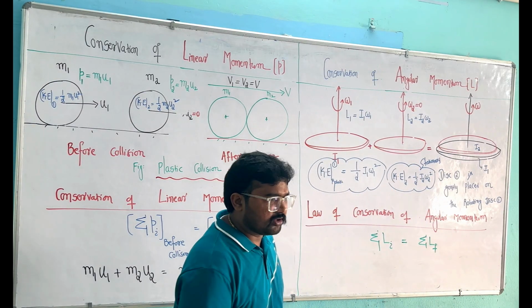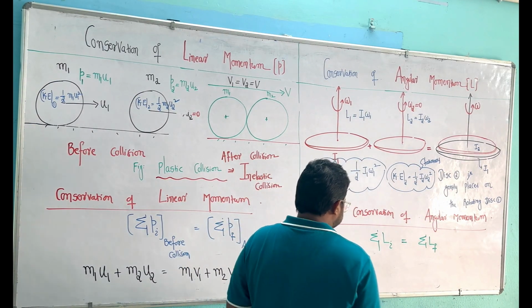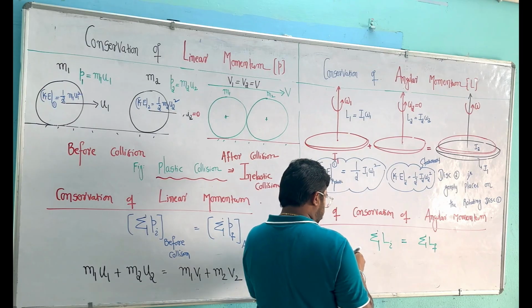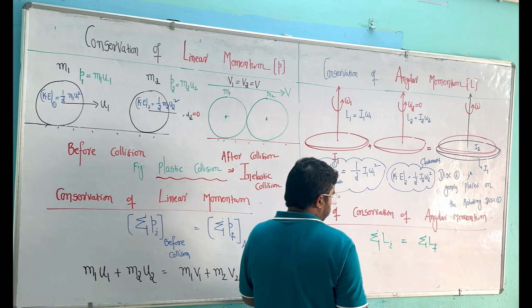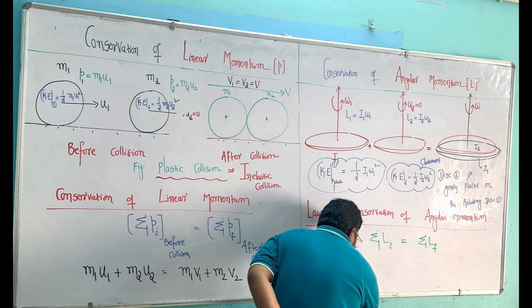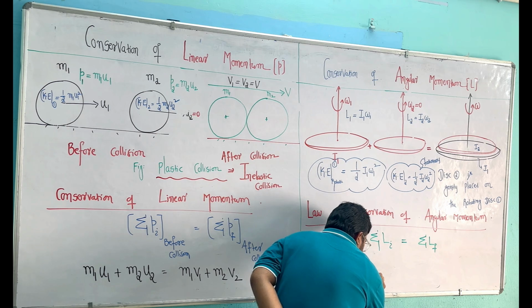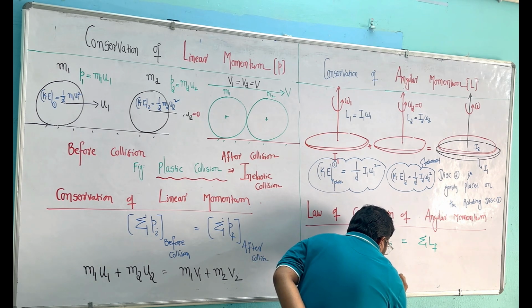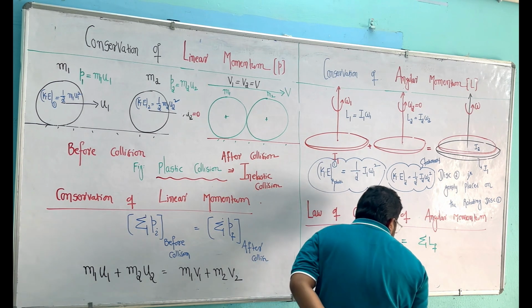Final. Understood? Here what do we get? I1 omega 1 plus I2 omega 2, that equals how much?